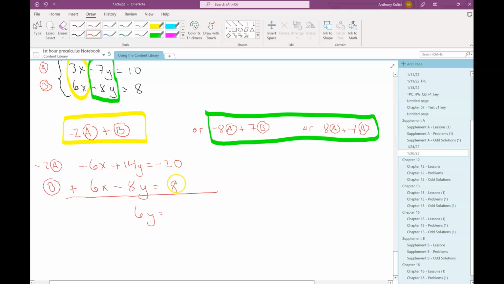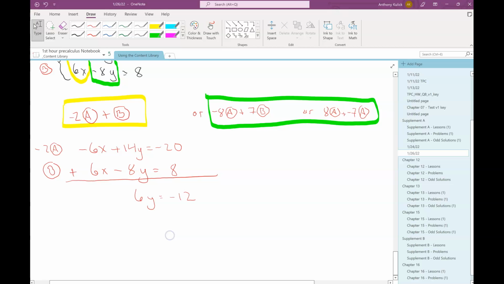And then negative 20 plus 8 gives me negative 12. That's my new equation. So to solve for that, we'll just divide by 6 to get y equals negative 2. Everybody's okay there?